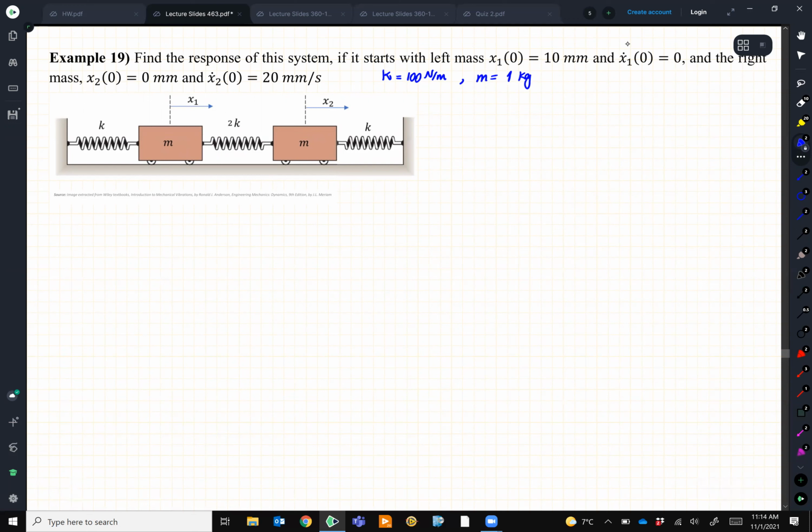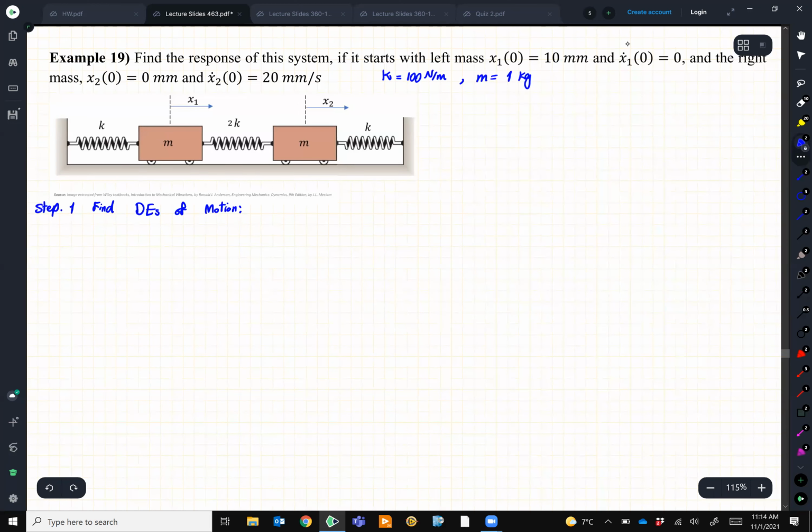At the very end, we substitute them. So I want to find out the equation of motion for these two masses, how they move if I have this initial condition. Step number 1, I'll draw the free body diagrams, or I use Lagrange equations. So step number 1 is find the differential equations of motion.